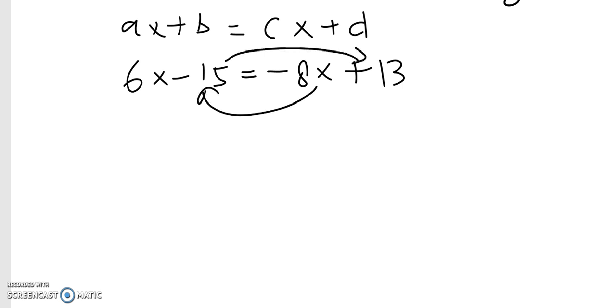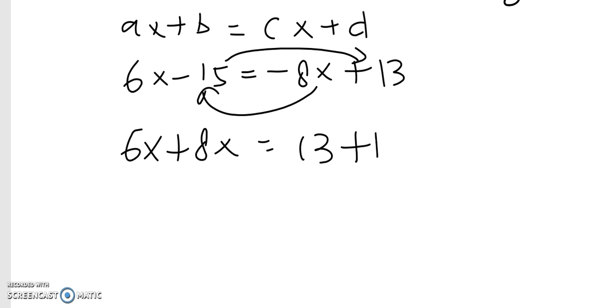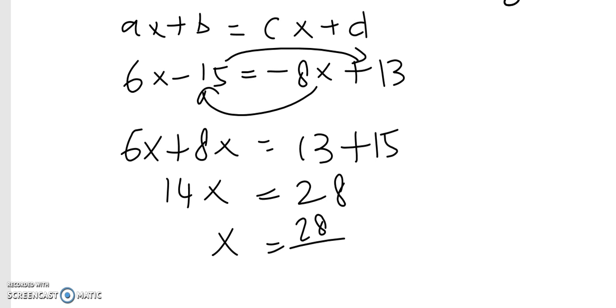So 6x plus 8x is 14x. The 8x, when I bring it here, is going to be plus. Here we have 13. When I bring this minus 15, that becomes plus. That becomes 28. So 14x is going to be equal to 28. x is going to be equal to 28 by 14 because we're bringing it down. That becomes equal to 2. So that is another way.